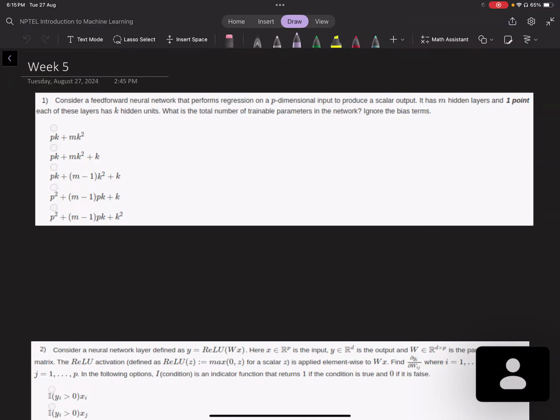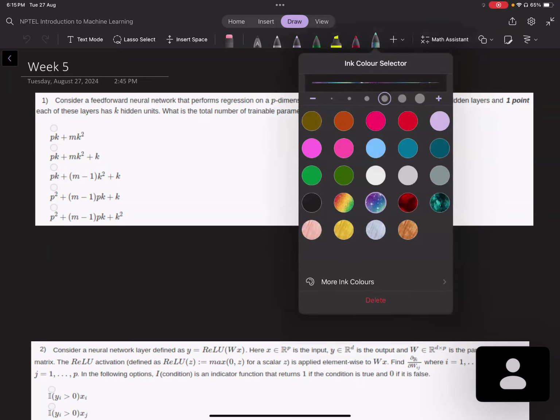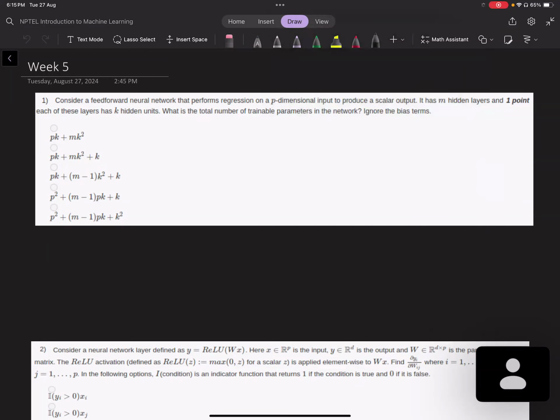So from this week onwards, we'll be dealing with more like deep learning stuff. I think you will be comfortable with machine learning. What it is saying is there is a feed-forward neural network and there is a p-dimensional input.